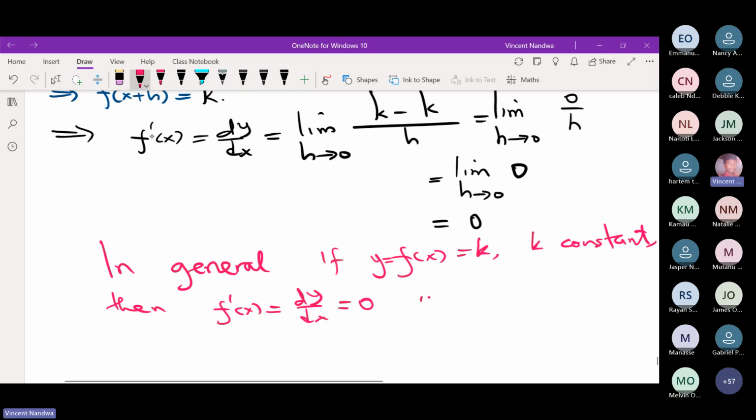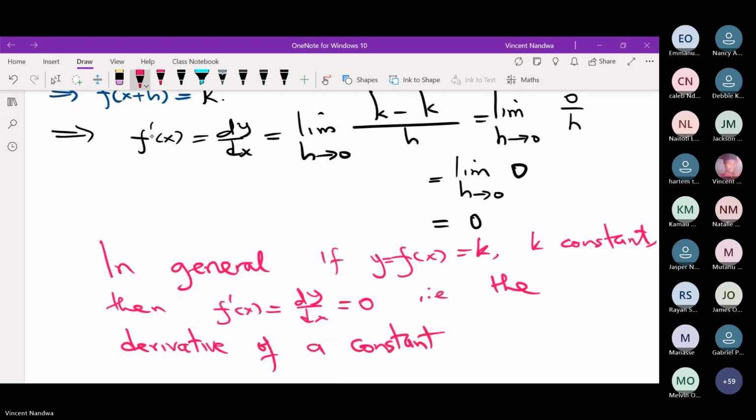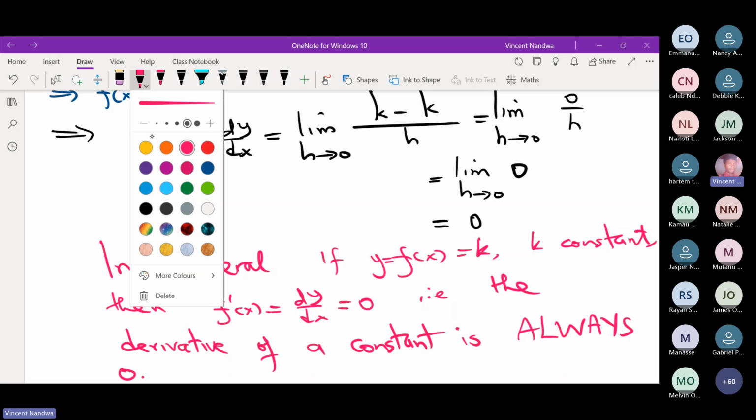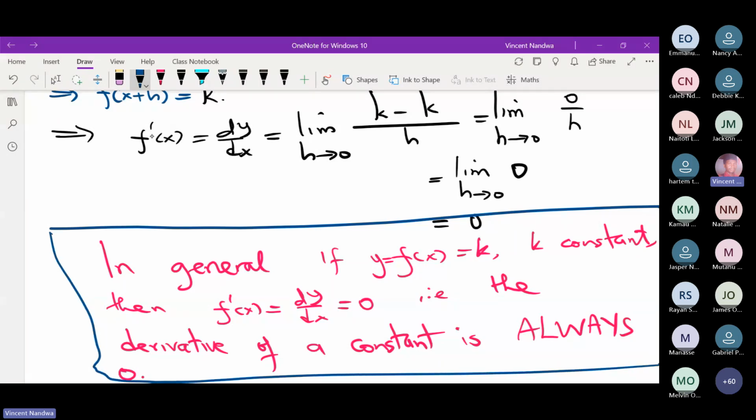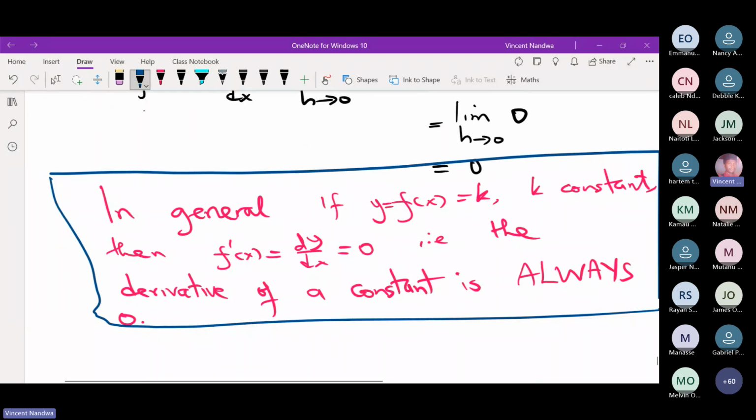So in other words, we are saying the derivative of a constant is always 0. So take that into consideration or add it to your toolbox. If you are doing derivatives and you have a constant function, then the dy dx will always be 0.